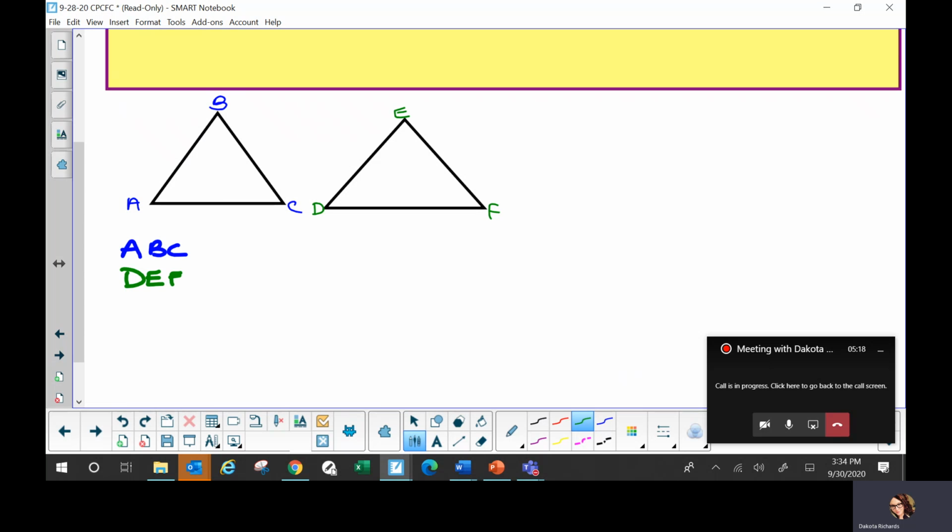Okay, so segment AB should be here, is congruent to segment DE. Right. Then if you go in that order, BC is congruent to EF.